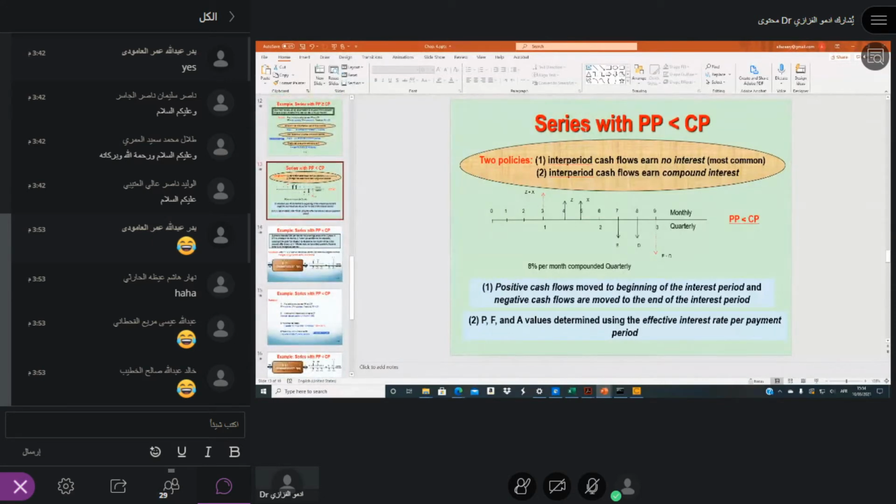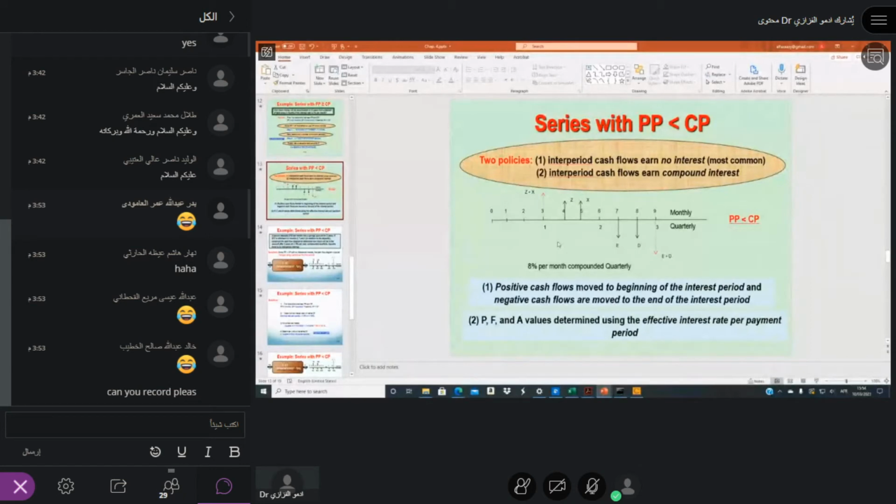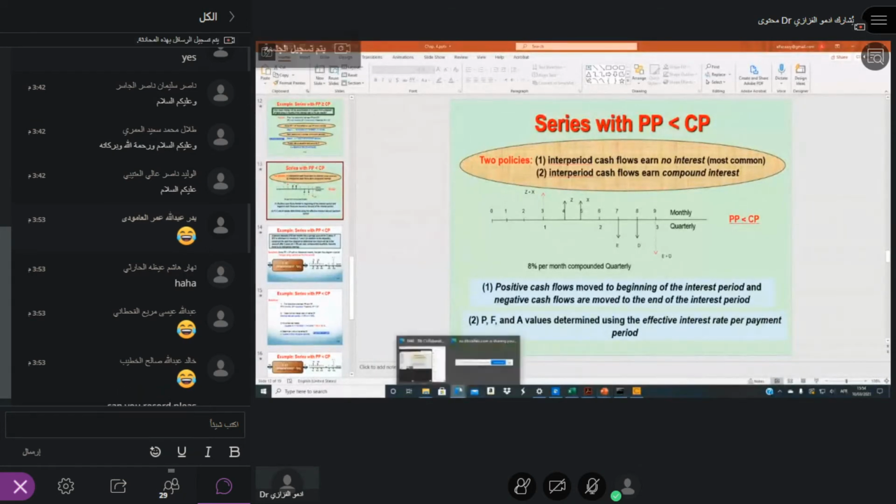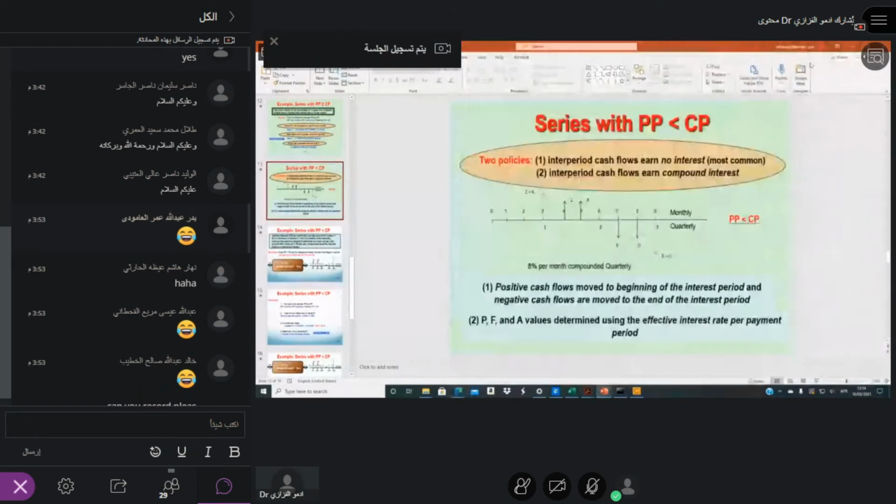So if you are given this kind of series, then what you need to do is, positive cash flows, you will move them to the beginning of the interest period. That is, the arrows moving up, you move them to the beginning of the interest period, and then the negative cash flows, you move them to the end of the interest period.